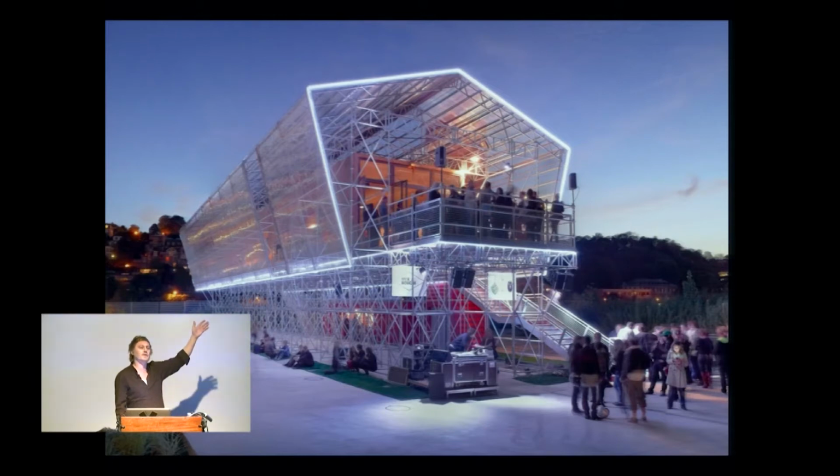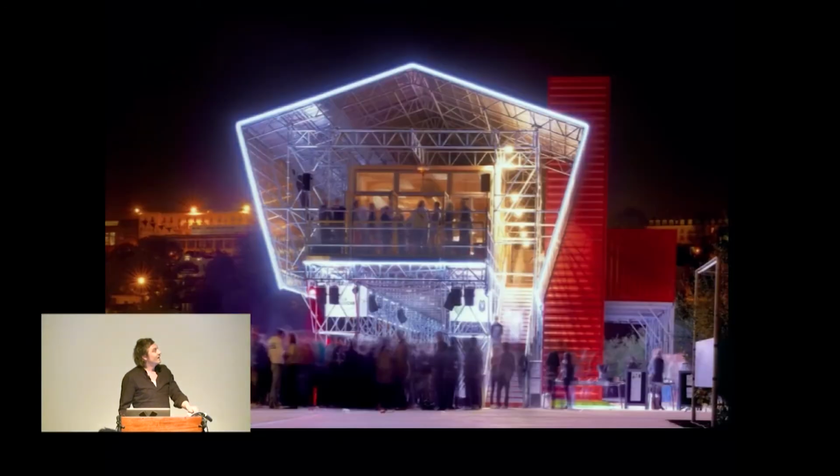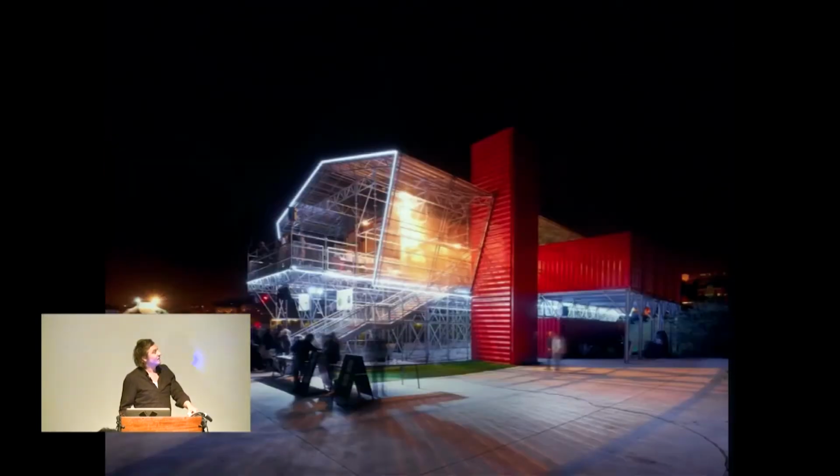This neon tube is usually used to write things like restaurant, but we didn't want to write restaurant on the restaurant, so we just use it to make a big light sign, and the whole project is a light sign. So this was the opening party with some DJs playing on the project and many people enjoying the place. This is the place doing the same party.